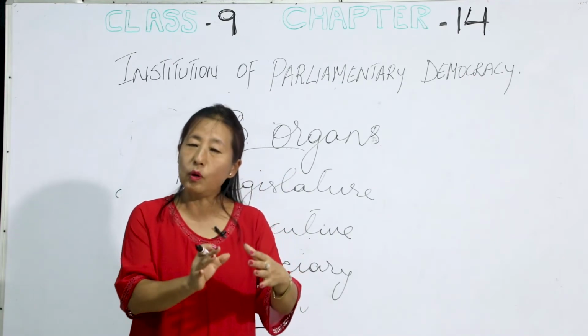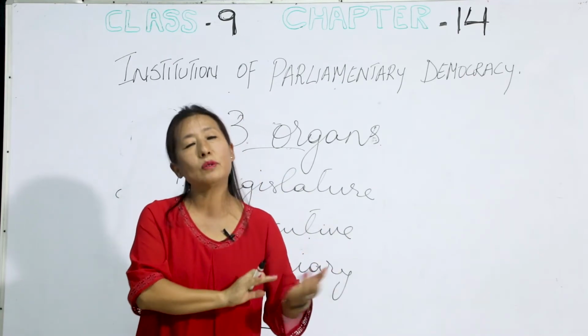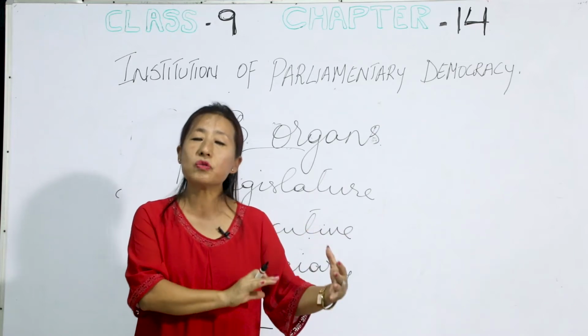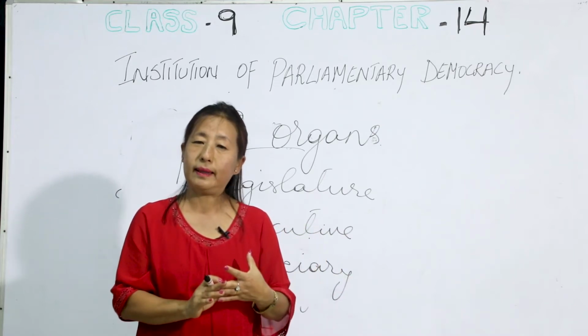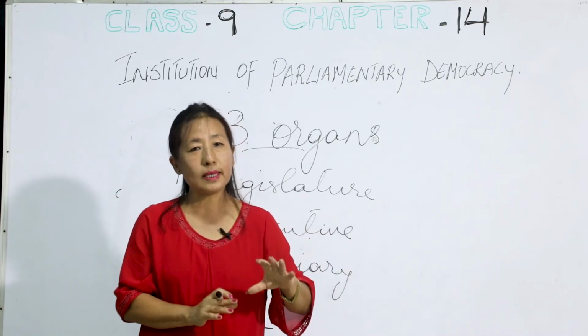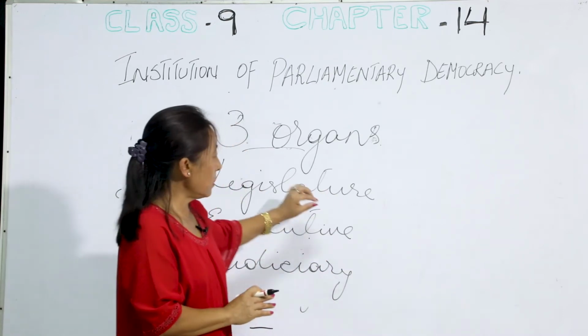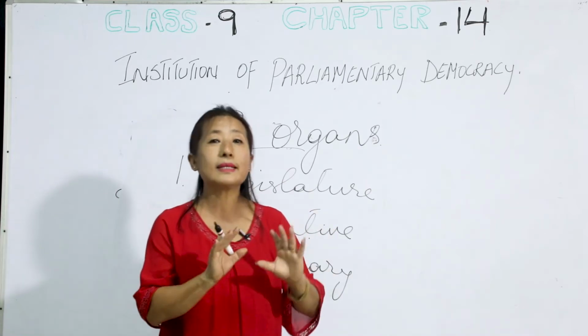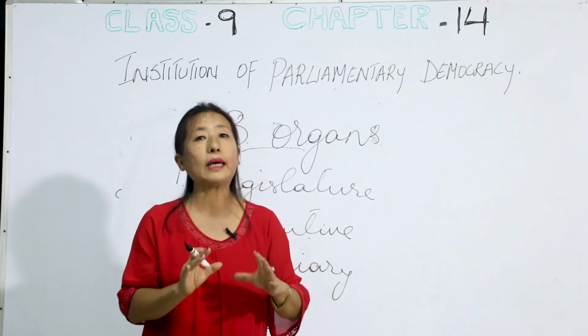Now if you go back to the history portion, we have discussed one topic, and that is one of the French philosophers, Montesquieu. He suggested that these three organs should be separated, that means they should be independent.